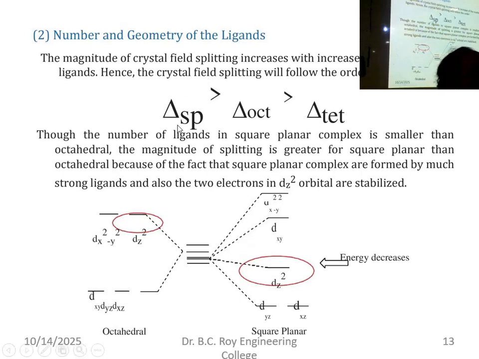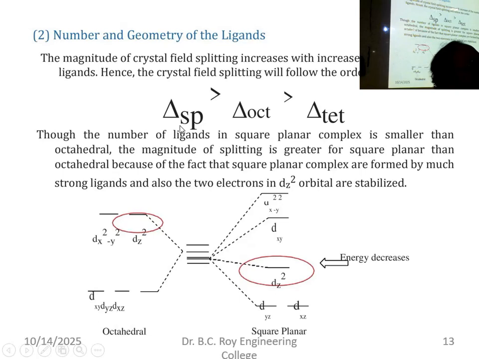So delta SP is highest compared to delta OCT. The splitting will be very, very high in this case. Why? Because in case of square planar, all the d orbitals are in the same plane, so they will feel comparatively more repulsion because they are in the same plane, so they are comparatively closer.